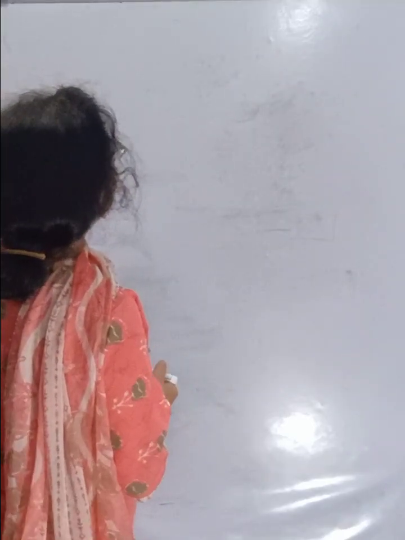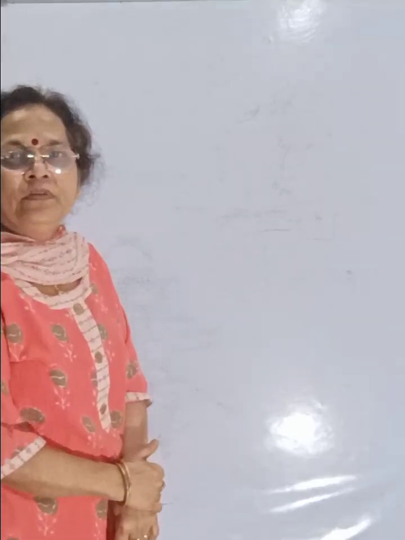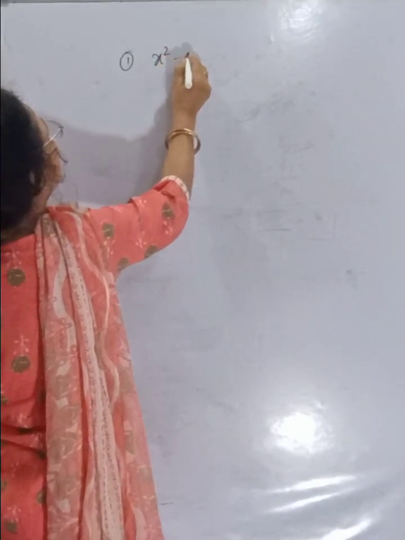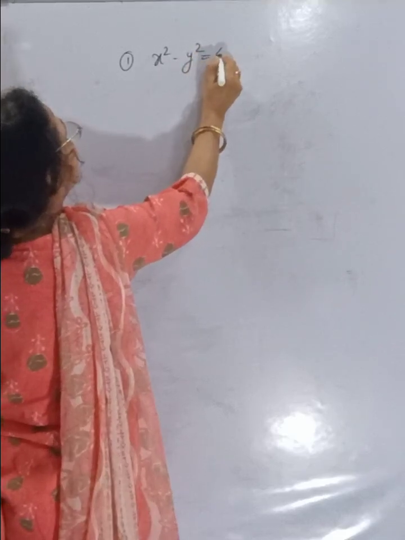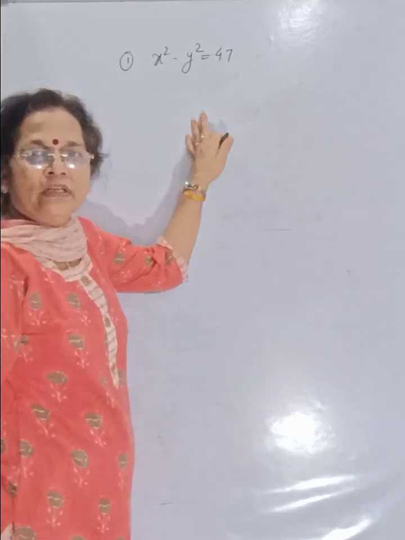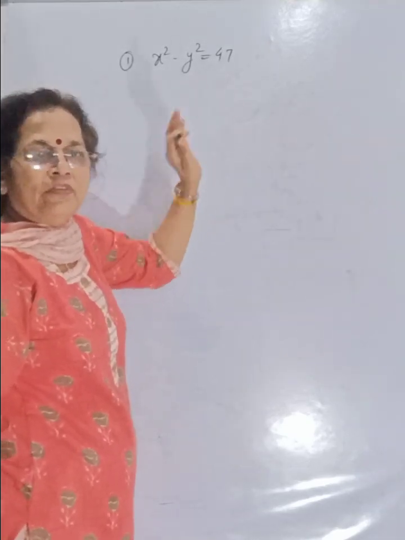I am giving you some examples for solving equations of two variables by a single equation. For example, competition में ये सब questions आते हैं. Number one, x square minus y square is equal to 47. Without using any other equation, you have to solve for the value of x and y.